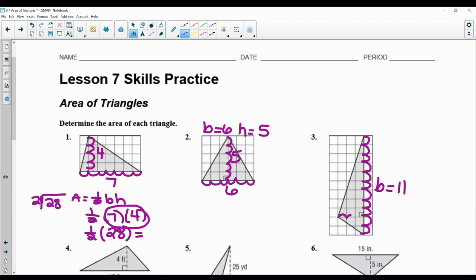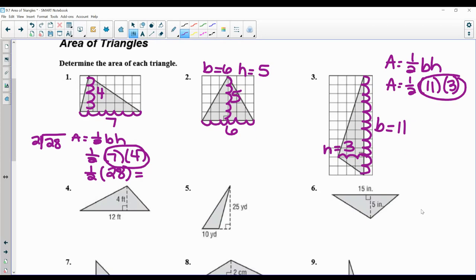The height would be 1, 2, 3. So the height is 3. You follow the same formula, remember, of 1/2 base times height. So the base is 11 and the height is 3. Multiply these two numbers and then get half of that. You might end up having a decimal, which is fine if you get a decimal.